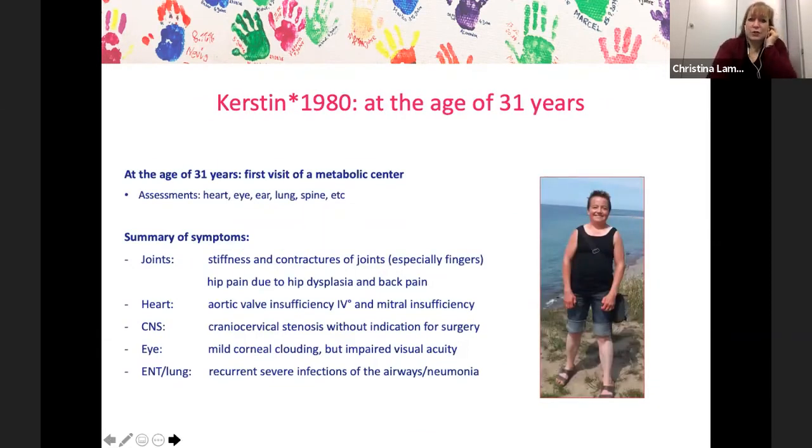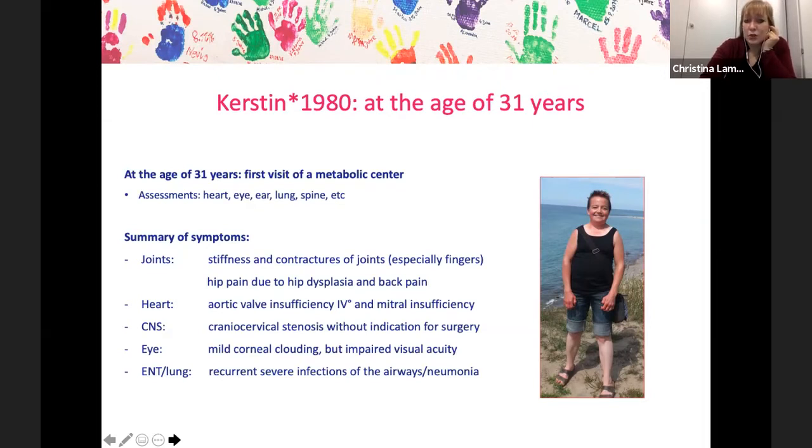So at the age of 31, when she started to be seen by a metabolic center, she was checked and she had the stiffness and contractures of joint and severe hip dysplasia. She had an aortic valve insufficiency, fourth degree. She had a craniocervical stenosis with no indication for surgery at that moment.